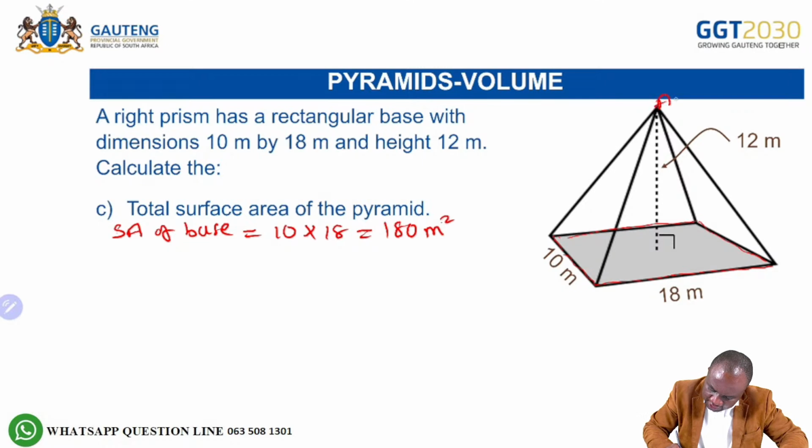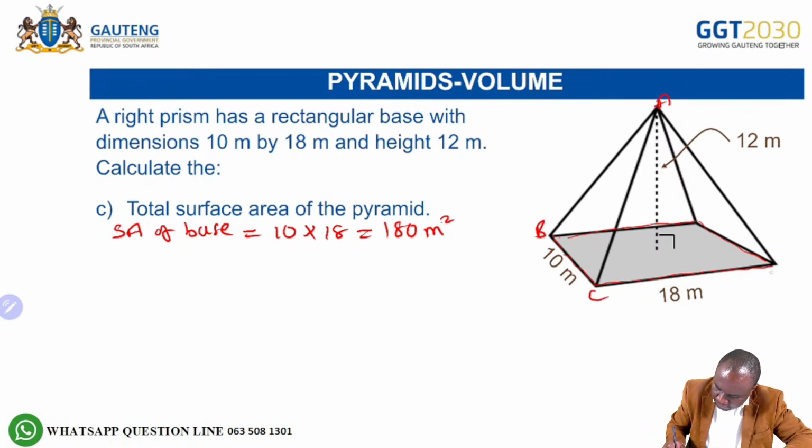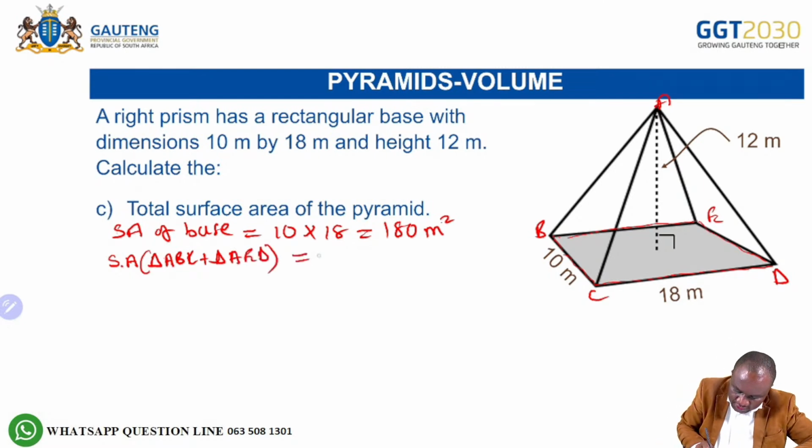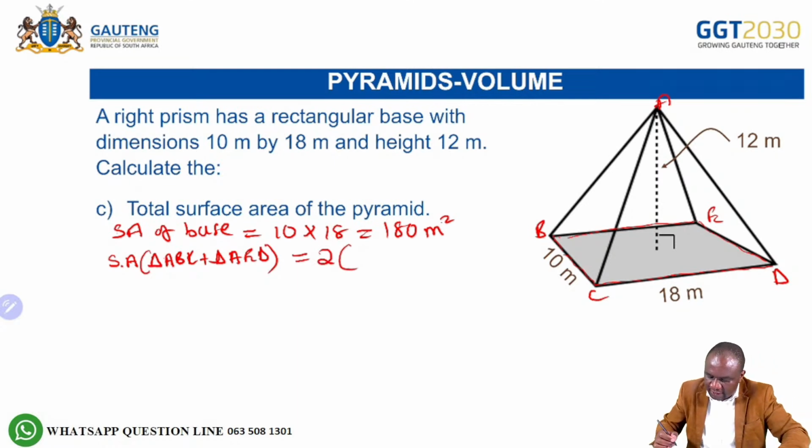Then let's have our triangle ABC. Right, triangle ABC and triangle AET are the same. So surface area for triangle ABC plus triangle AET, those two are the same. It's going to be 2 times, and then we say the slant height of this triangle, we got 15, remember, 15 meters from the previous question.